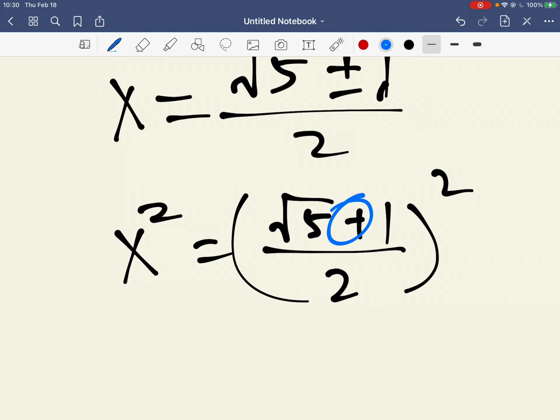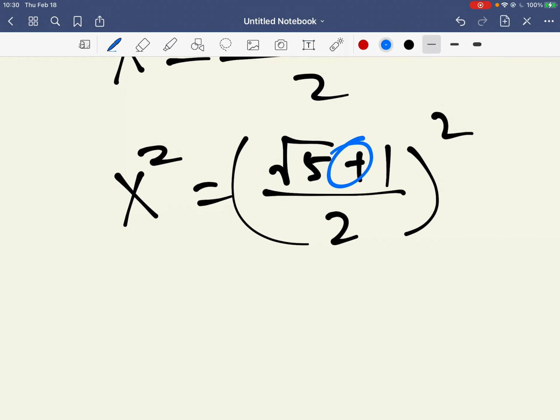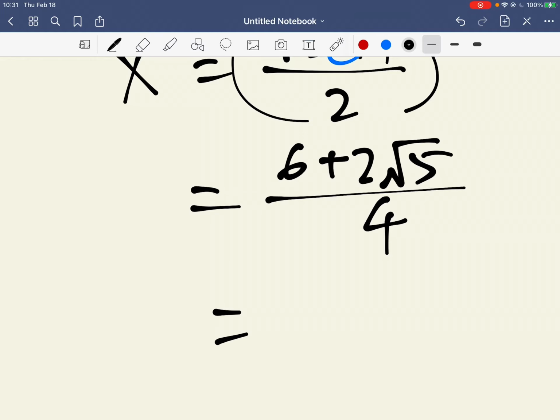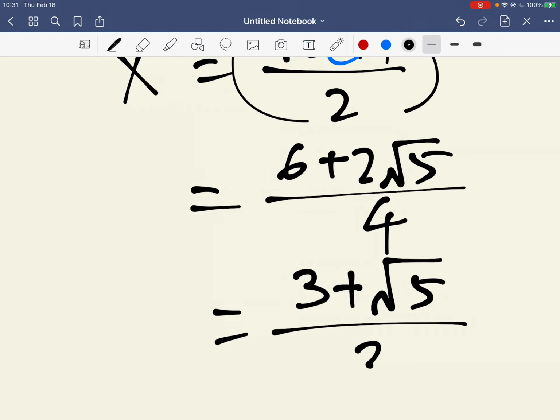So we can use either root. So root 5 plus 1 over 2 squared. If we simplify that, we can see that it is 6 plus 2 root 5 over 4, which simplifies to 3 plus root 5 over 2.